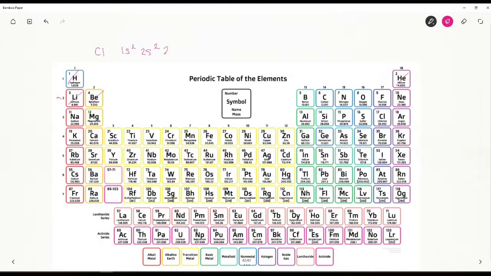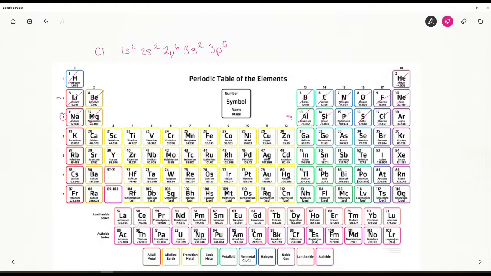Come across to the 2p, 1, 2, 3, 4, 5, 6. Moving on to the third period, I'm back in the s's, that's 3s, 1, 2. Come across here, now I'm in the 3p's, and to get to chlorine, I'm going 1, 2, 3, 4, 5.